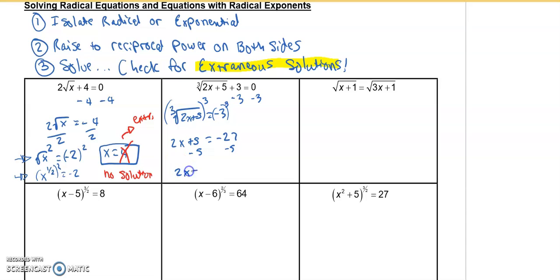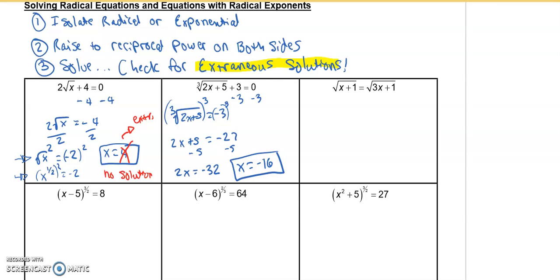Minus 5, 2x equals negative 32, x equals negative 16. All right, when we plug it in, I get negative 32 plus 5 is negative 27. Cube root of negative 27 is negative 3. Plus 3 does get me 0.